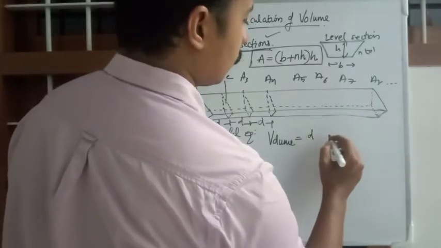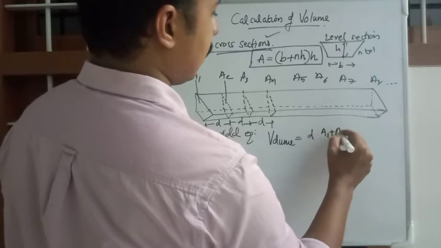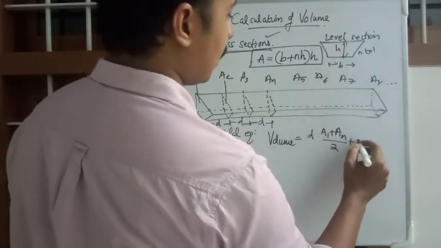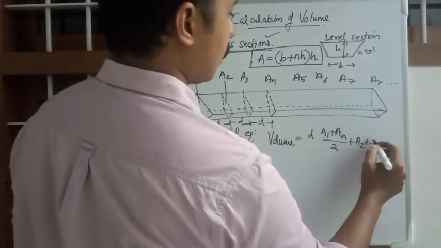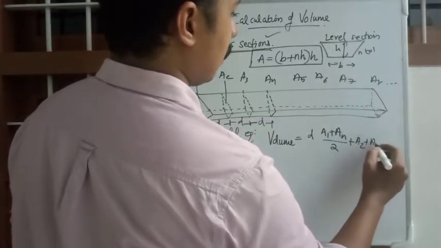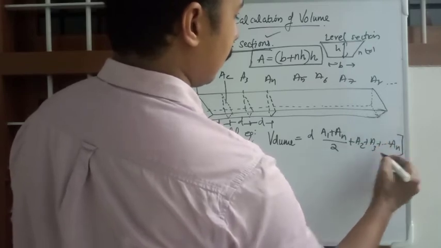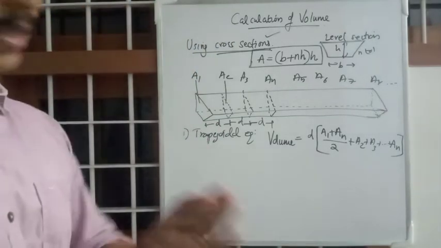D into A1 plus An divided by 2 plus A2 plus A3 plus etc. up to An. So it's the same equation.